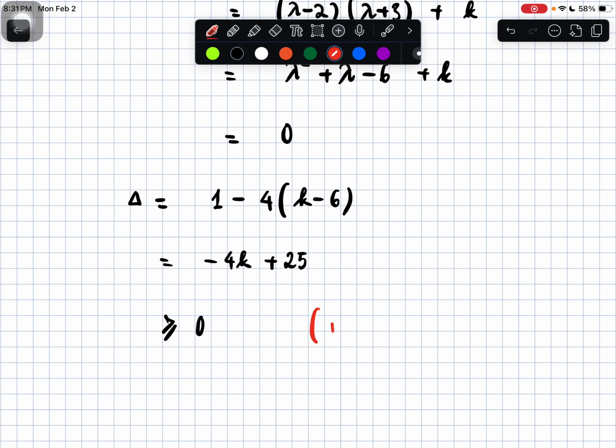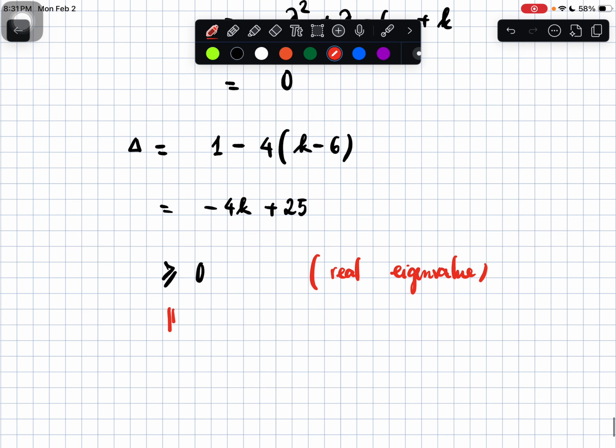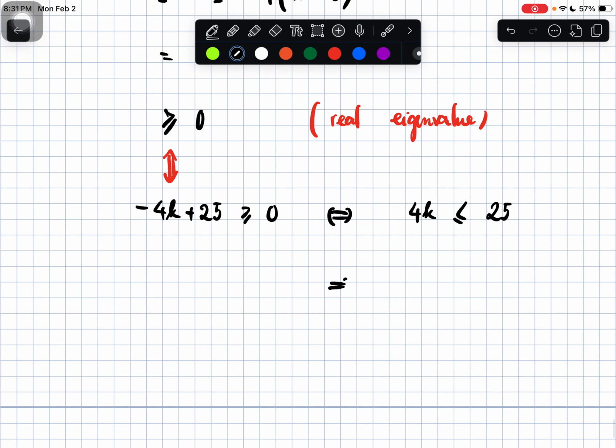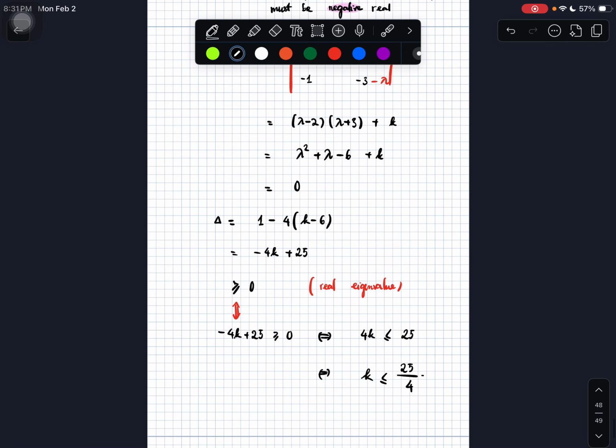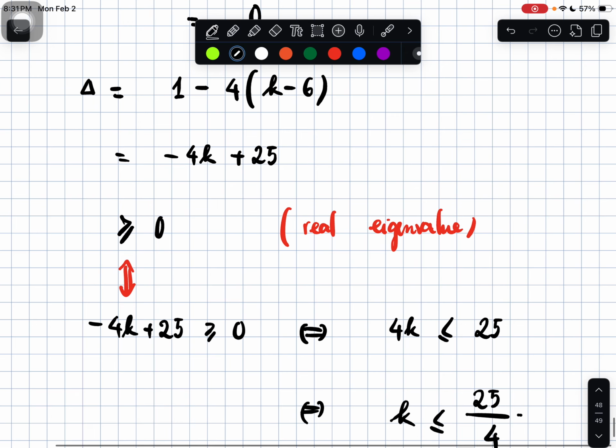Delta is greater than or equal to 0 if and only if minus 4k plus 25 is greater than or equal to 0, so 4k is less than or equal to 25, k is less than or equal to 25 divided by 4. So this is the first condition: we need real eigenvalues.